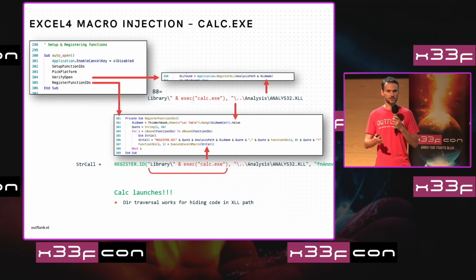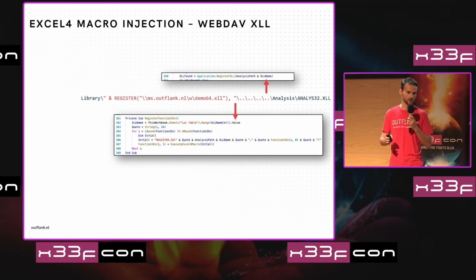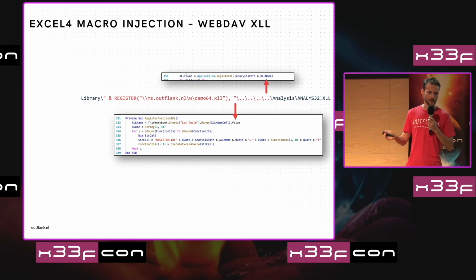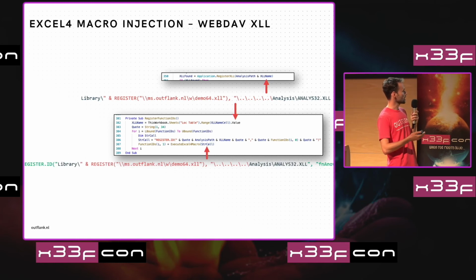Now, let's go to remote code execution. Let's host our XLL on a WEBDAV share and use the same trick to register it. We have to perform some more dir traversal because we're using backslashes. The string call will look like this, and this will get executed.